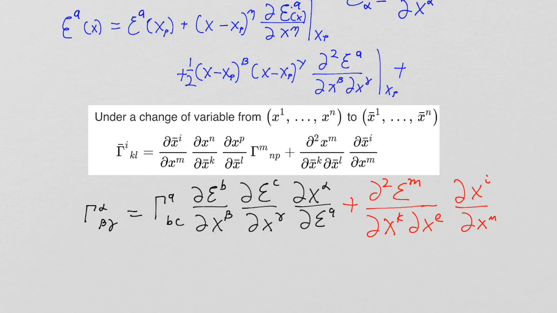A quick note before we move on. This part is the tensor transformation part, meaning if this guy was a tensor, this is exactly how a tensor would transform. And boy, did we spend a lot of time talking about that in the What is a Tensor series. I explained exactly why this is a tensor transformation. But a good question would be, why does everything have to be a tensor?